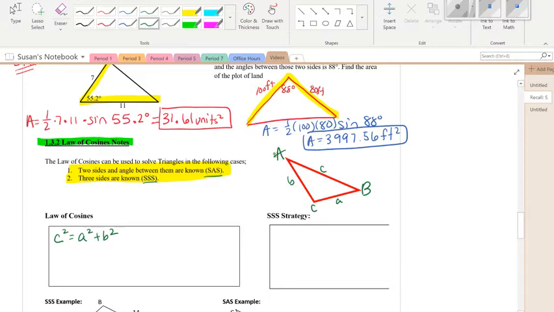Notice that that's actually the Pythagorean theorem right there. c squared equals a squared plus b squared, but we can only use the Pythagorean theorem when we have right triangles. So the rest of this is minus 2 times those side lengths, ab, and then the cosine of the angle that's opposite to the side you are solving.